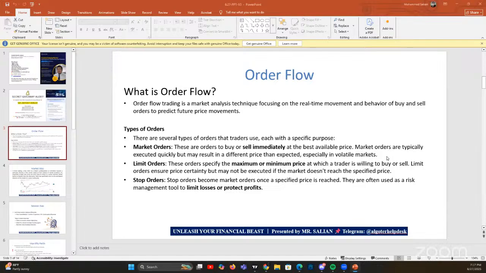Limit orders specify the maximum or minimum price at which a trader is willing to buy or sell. Limit orders ensure price certainty, but may not be executed if the market doesn't reach the specified price. So, for example, price is going down, but you want to go up, so you put the sell limit or buy limit.